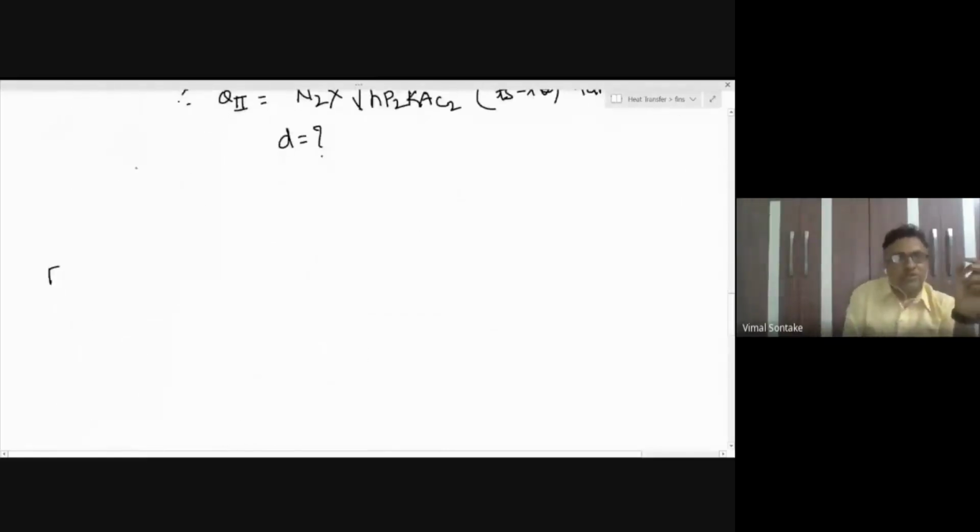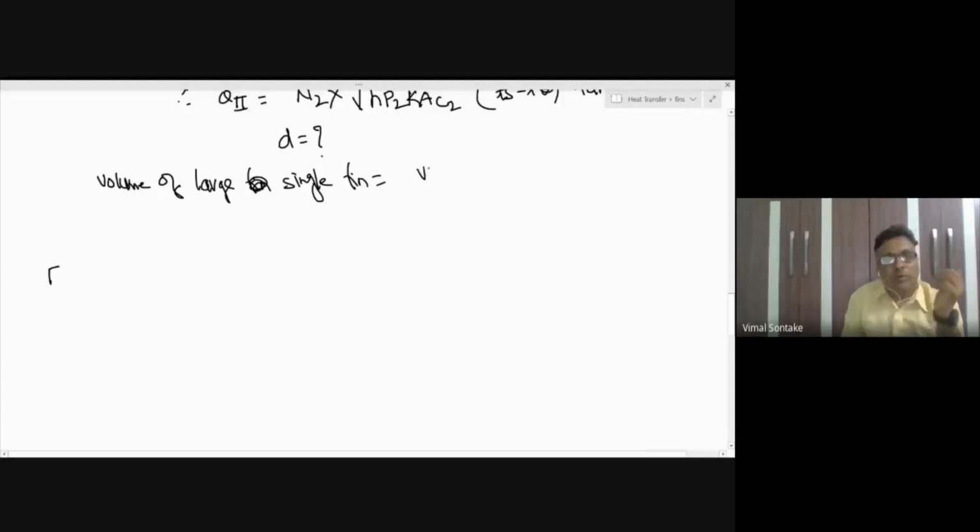So this we will be using. Volume of large single fin is equal to volume of two small fins.